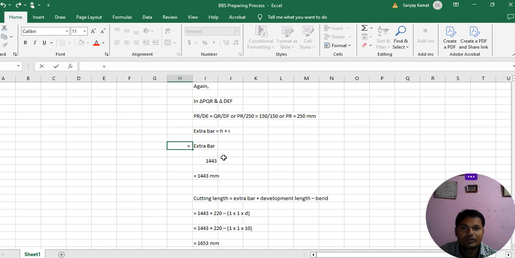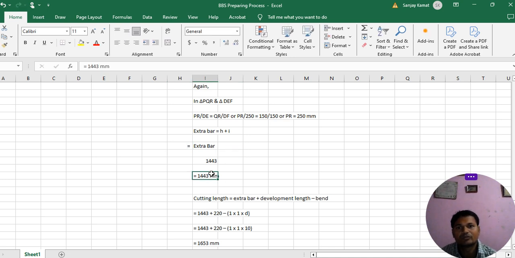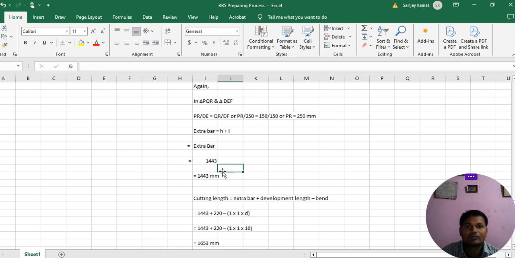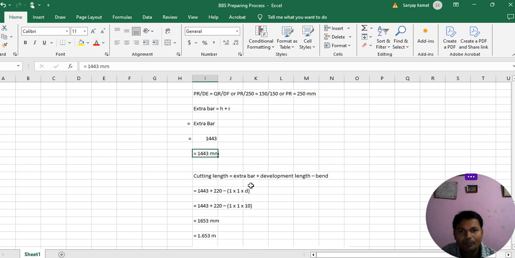Because we are working for the extra bar, how much did we get? We got 1443 mm. So substitute this.